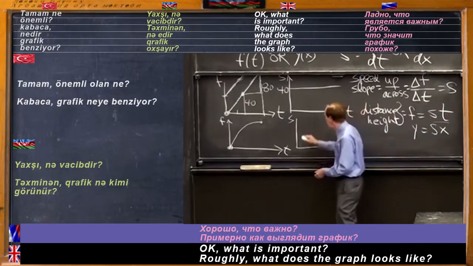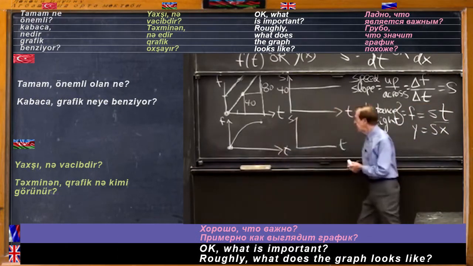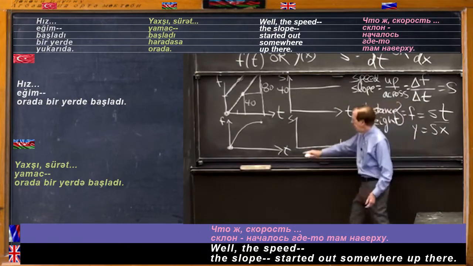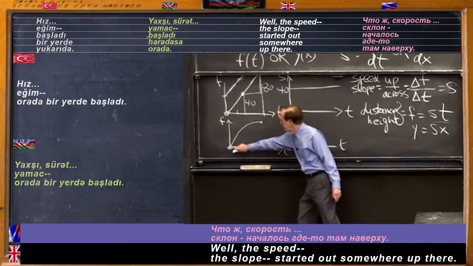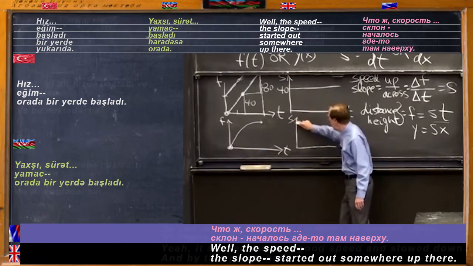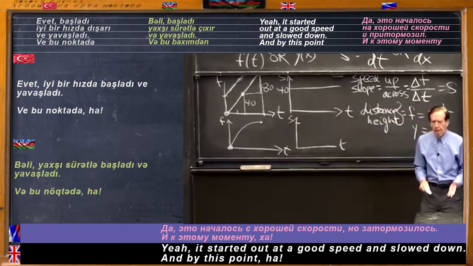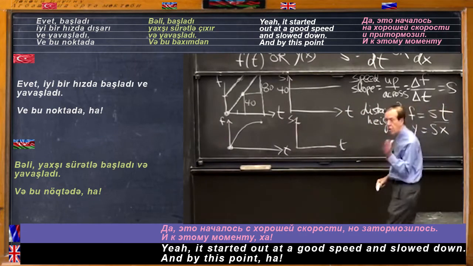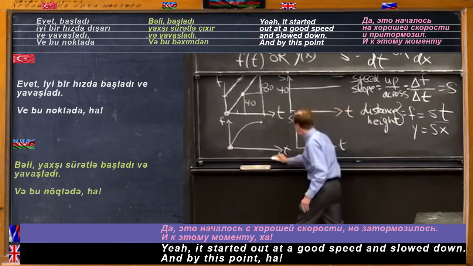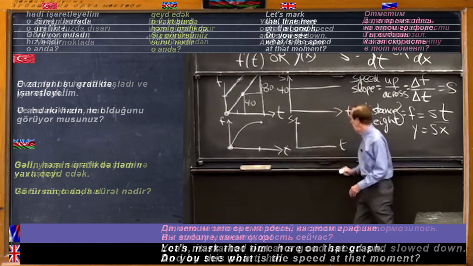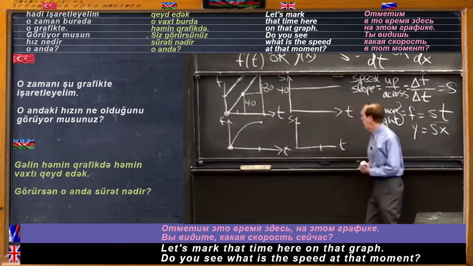Okay, what is important here is, roughly what does the graph look like? Well, it started out, the speed, the slope, started out somewhere up there. You know, it started out at a good speed and slowed down. And by this point, let's mark that time here on that graph.